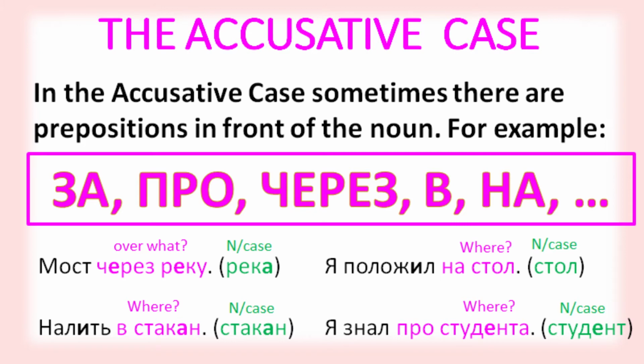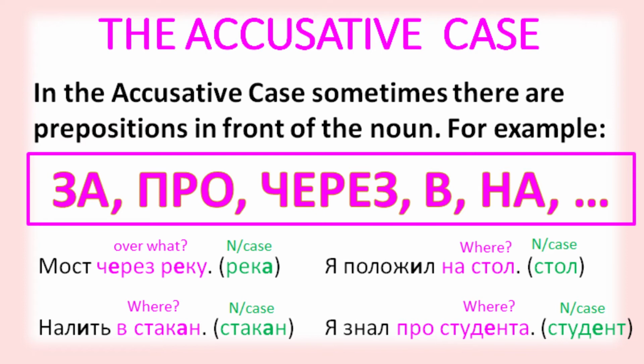For example, за, про, через, в, на. A bridge over the river? Мост через реку. What is the bridge over? Через реку is the object. Most is the subject.